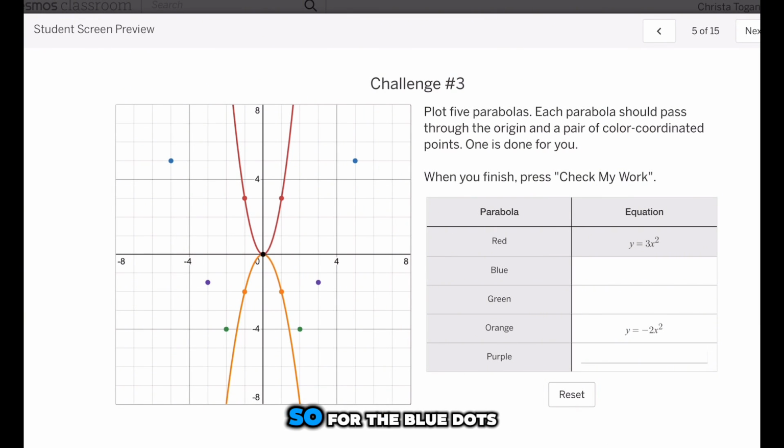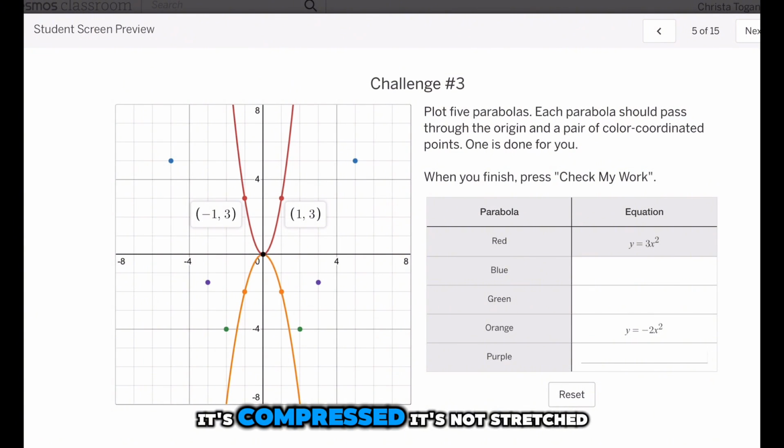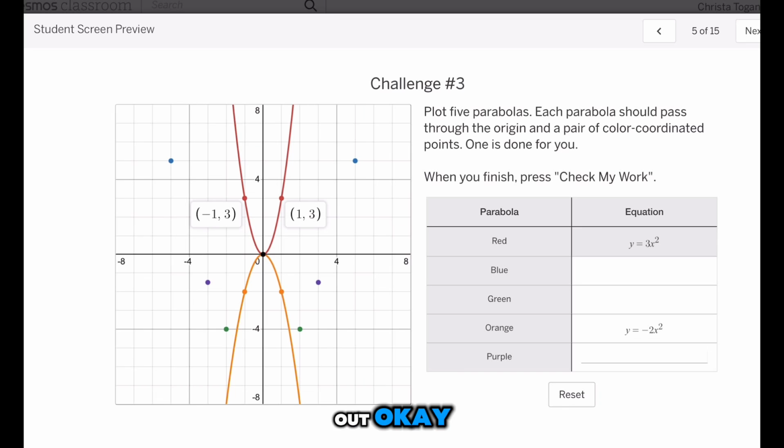Okay? So for the blue dots, I'm all the way out here. So that means that the number here, see, this one is the red one, right, is compressed. It's not stretched out. Okay, and compressed just means that the sides of the curve are closer together.